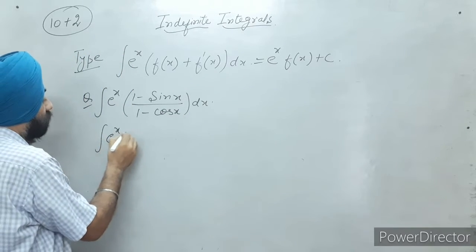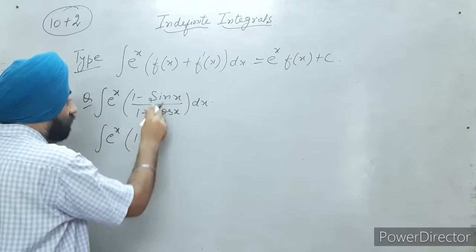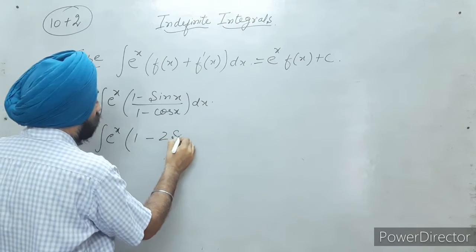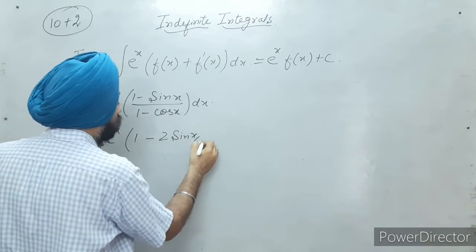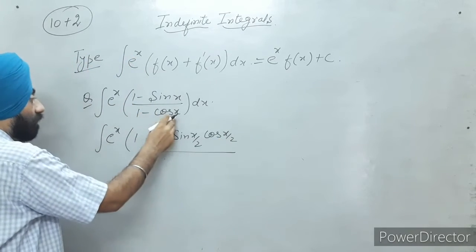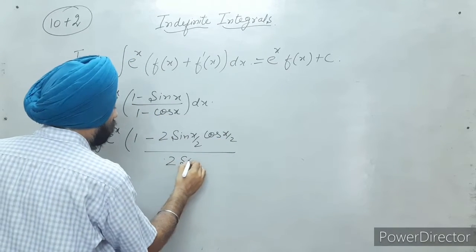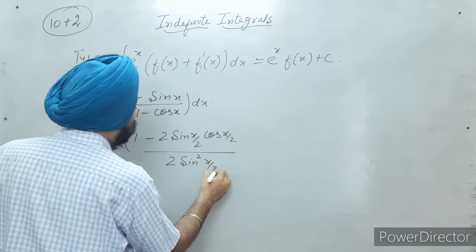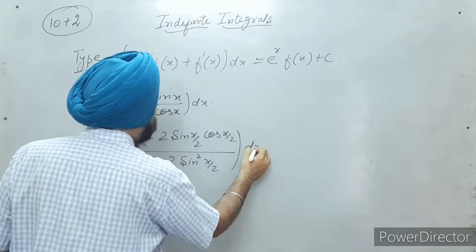e^x, I can write 1 minus sin x over 1 minus cos x as 1 minus 2 sin(x/2) cos(x/2), divided by 2 sin square (x/2), dx.